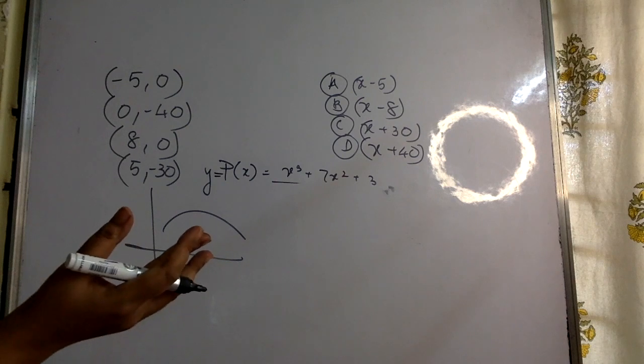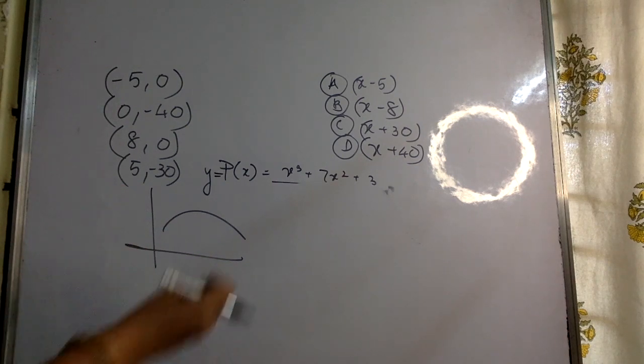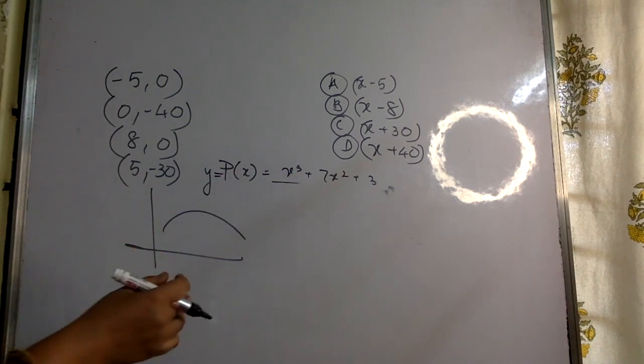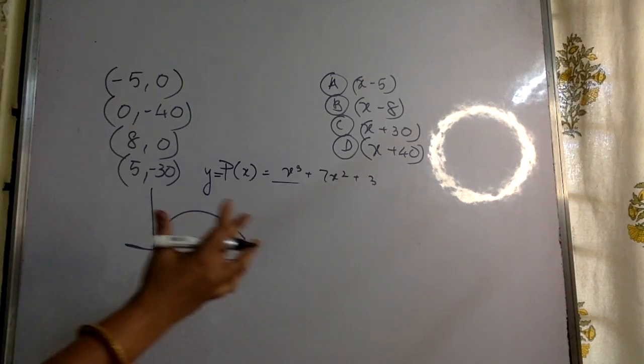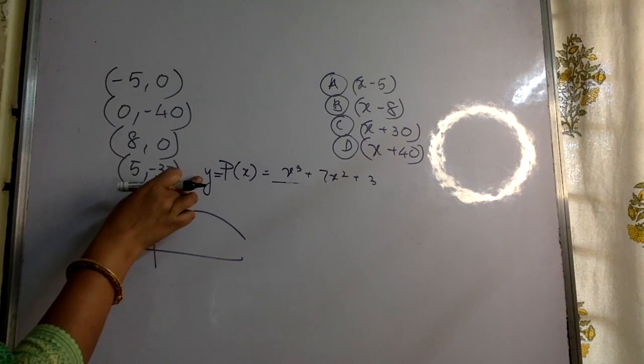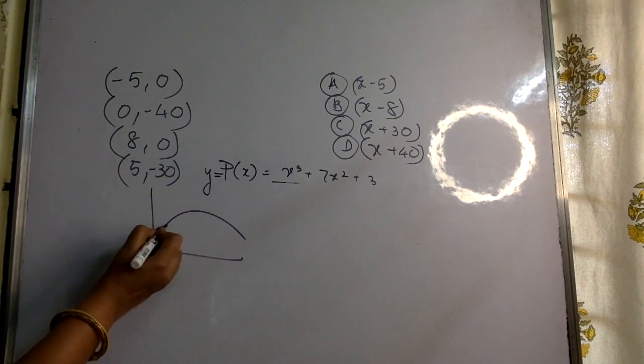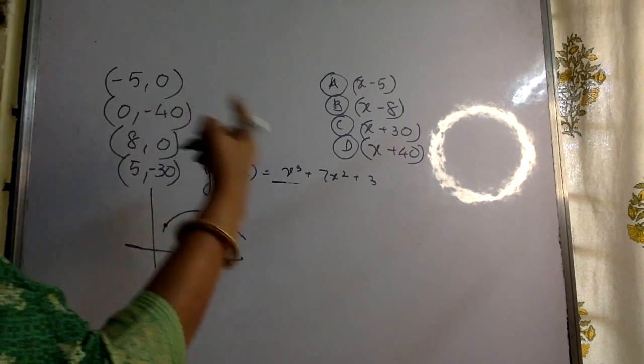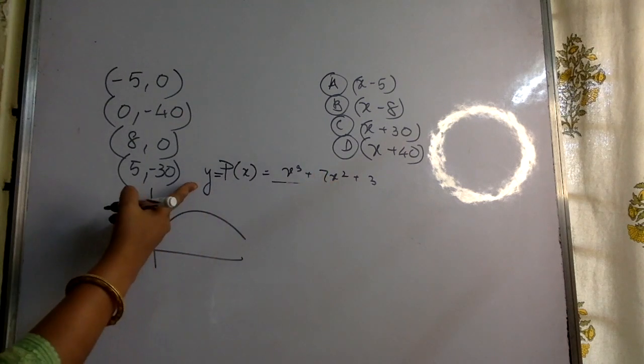I don't have a polynomial with me. The question hasn't given me a polynomial, so I am just writing it on my own. Here, what it means is, if I substitute a value of x, I'll get a corresponding value of y, and that should be a point on the graph. I substitute a new value of x and I get a corresponding value of y.